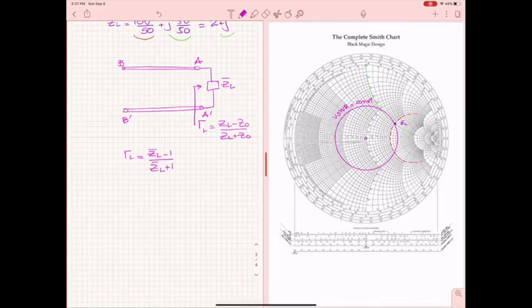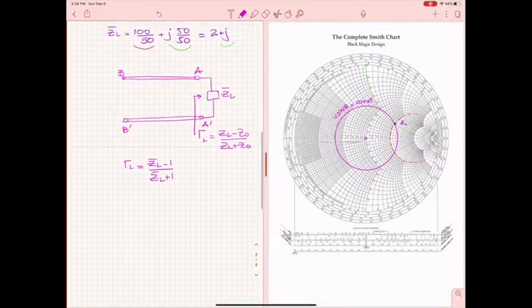Okay? And then in our case, if you replace that, as a matter of fact, 2 plus j minus 1 over 2 plus j plus 1. And this gives us 1 plus j divided by 3 plus j.